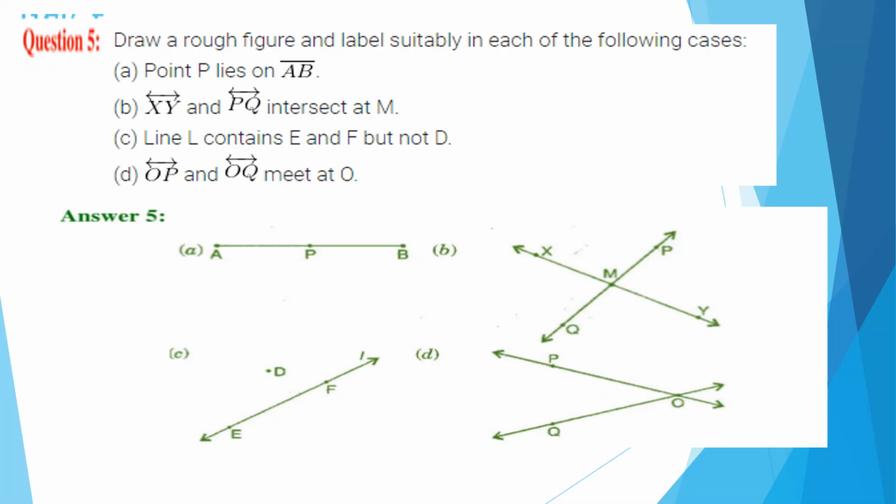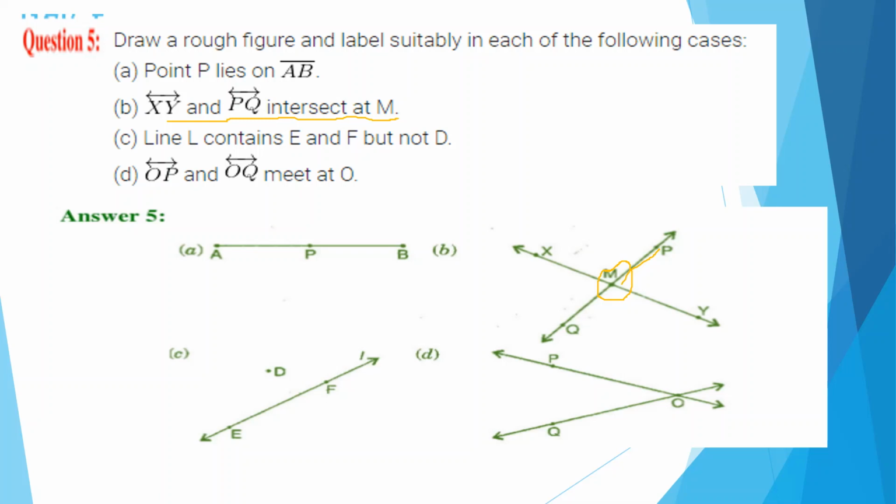B part, XY and PQ intersect at M. Now XY and PQ means we have to take 2 lines, XY and this line PQ. They intersect at M. So you have to make the figure like this.